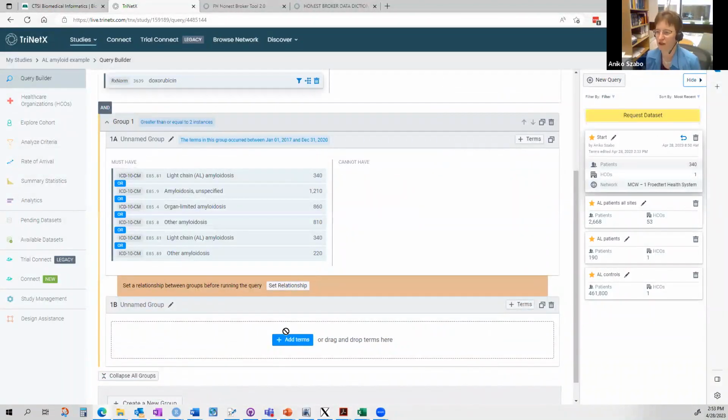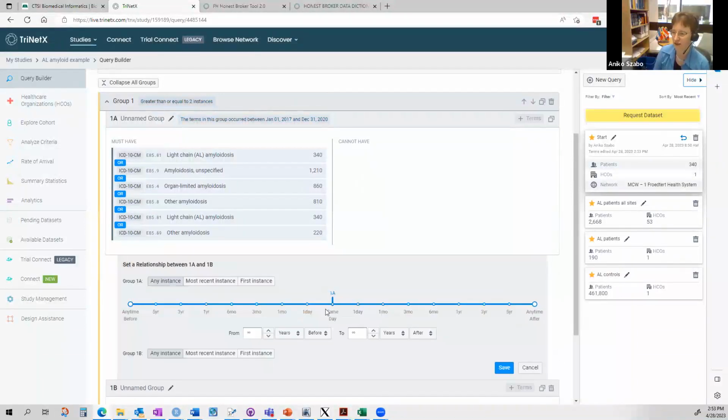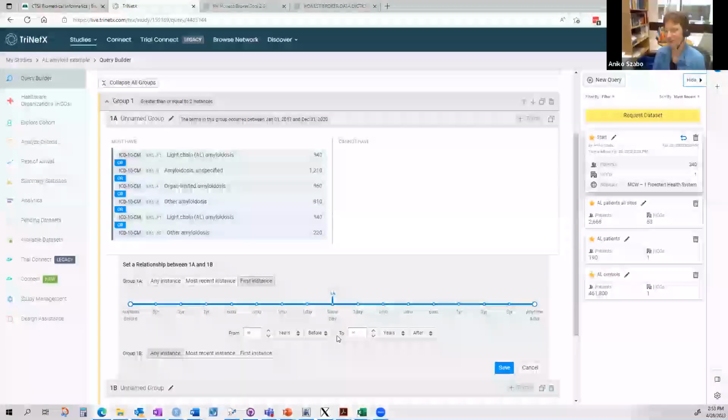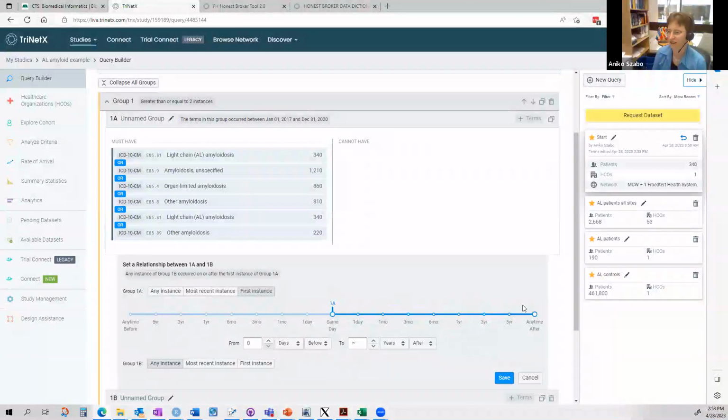And now I can move this term here and say that the relationship is that the first instance of the diagnosis and any instance of the chemotherapy should be within, I don't know, 180 days, something like that.